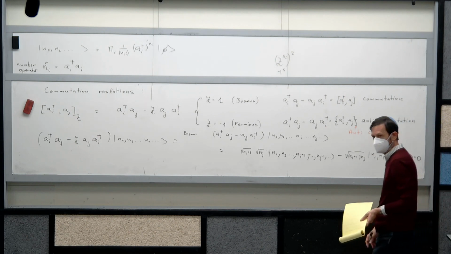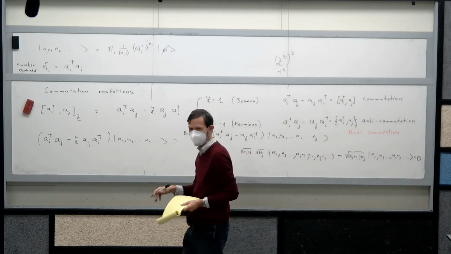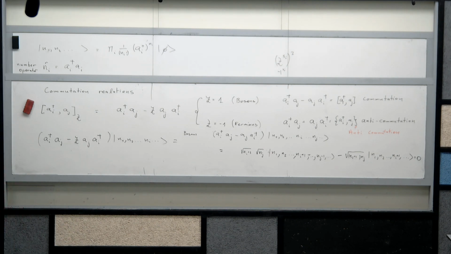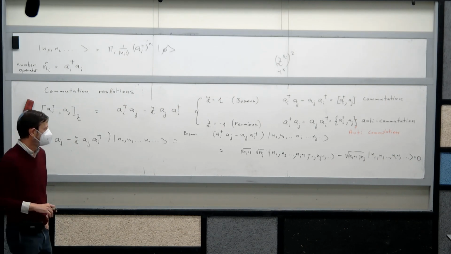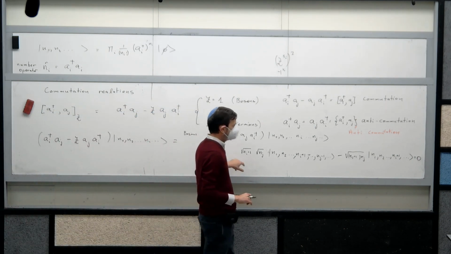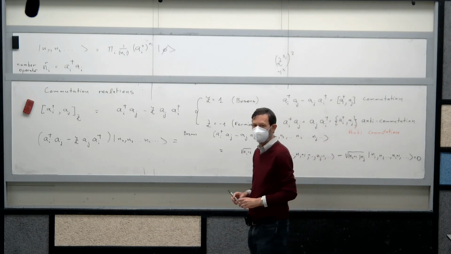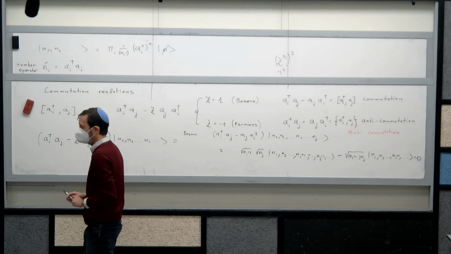Okay. Questions? What did I ignore here? When i is equal to j. Exactly. i equal to j.